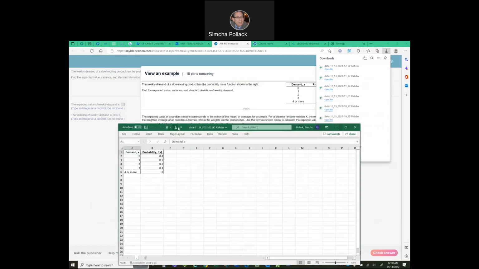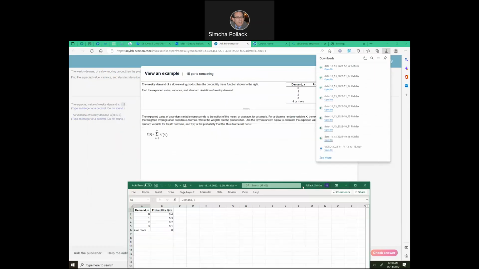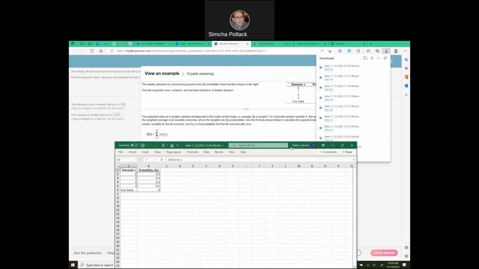And again, the formula, as we see in the help me solve it, looks complicated, but E of x means the expected value of random variable x, meaning something that's random. You multiply each x by its probability, and then you add them all together. In this case, this doesn't go to an infinite number, there's just 4 of them. So let's call this column x times f of x.